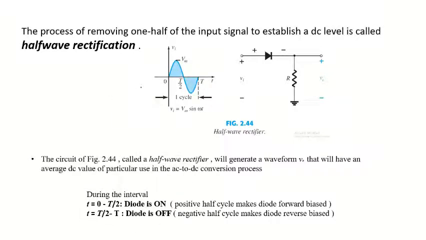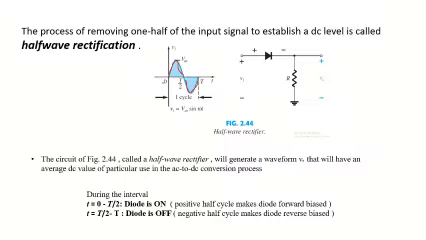Considering this time varying sinusoidal function, we have two lobes: the upper half, which has a positive magnitude Vm, and the negative half, which has a negative magnitude minus Vm.